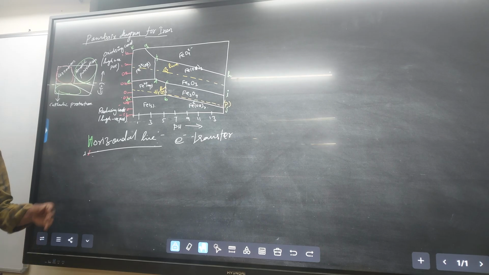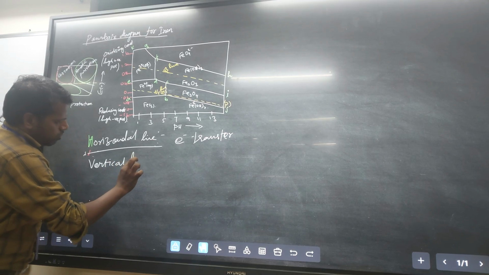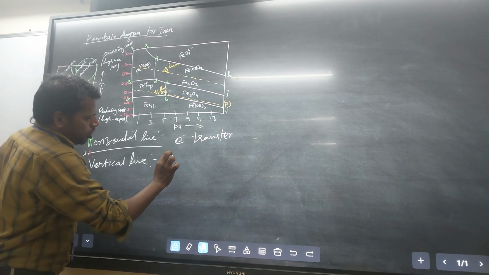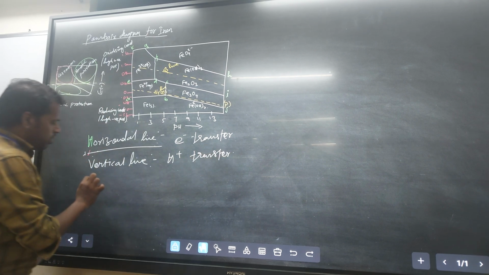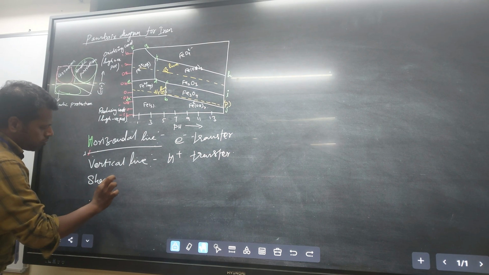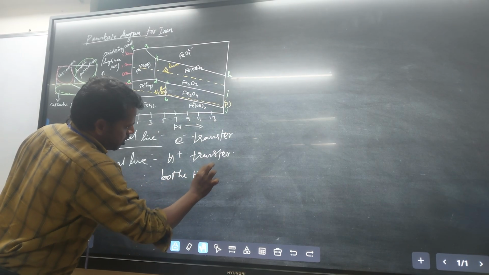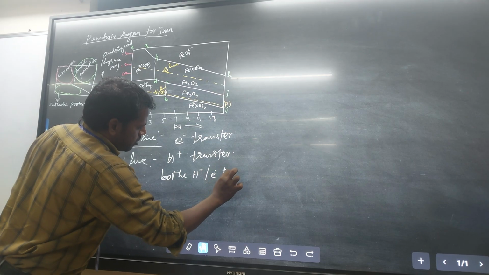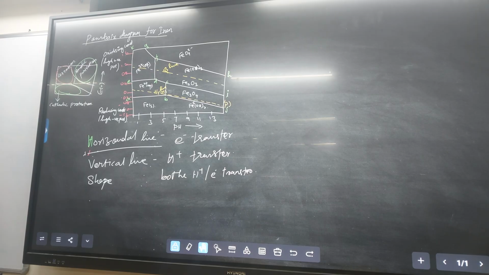The horizontal line explains electron transfer, the vertical line proton transfer, and the slope both proton as well as electron transfer.